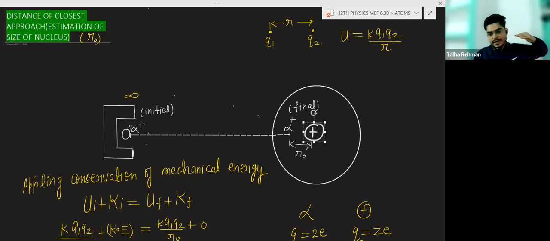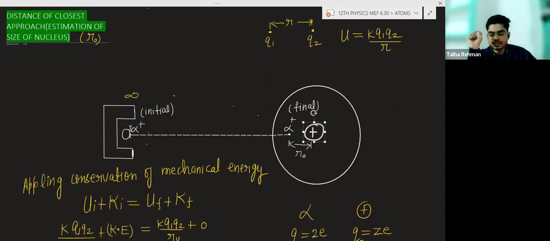But the alpha particle is positively charged and the nucleus is also positively charged, so there will be a force of repulsion on the alpha particle in the opposite direction. So the kinetic energy of the alpha particle will reduce, and finally there will be a point where the kinetic energy becomes 0.